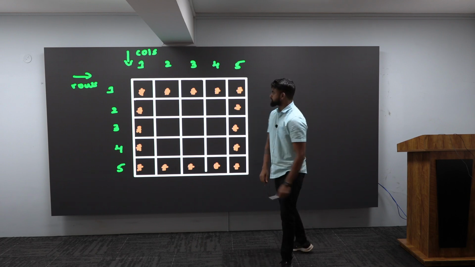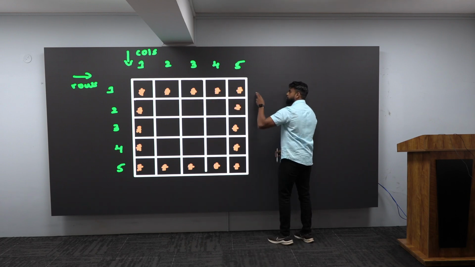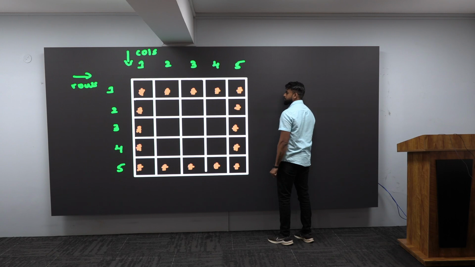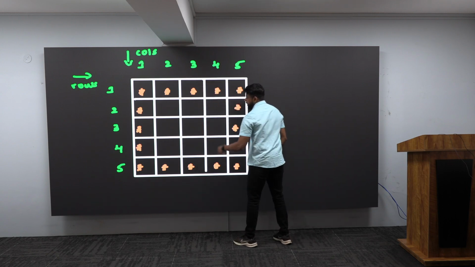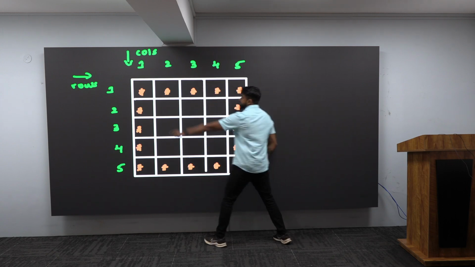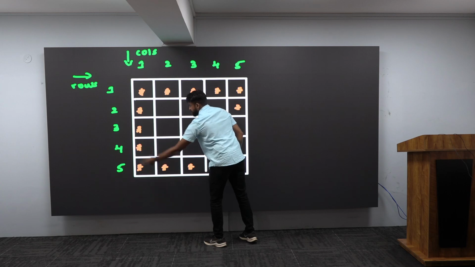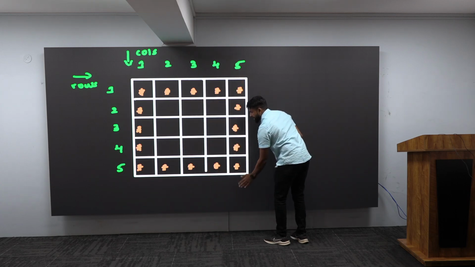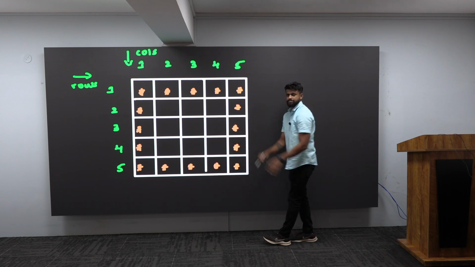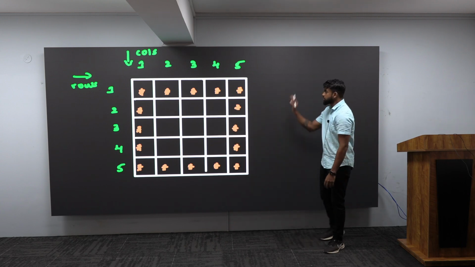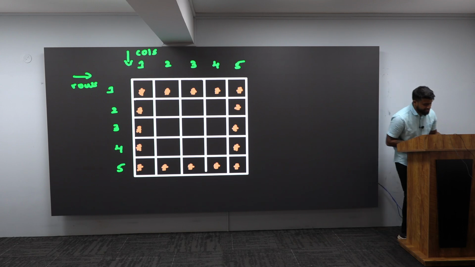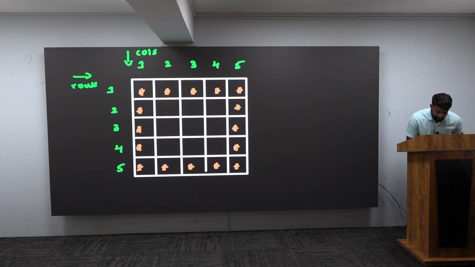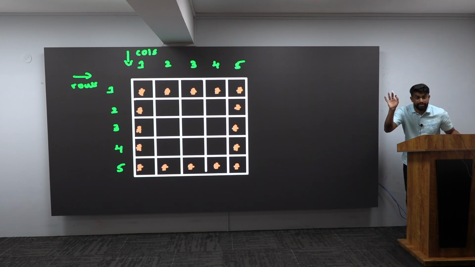Let me repeat this. In the first row, all the stars are there. In the fifth row, all the stars are there. In the first column, all the stars are there. In the fifth column, all the stars are there. You tell it, you will get this. How will you get it, sir? Now, I will write it in an English form now. Whatever I have told just now, I'll put it in an English.